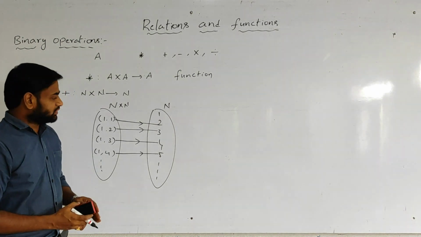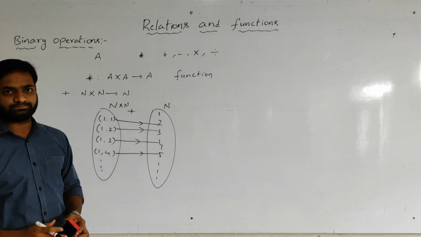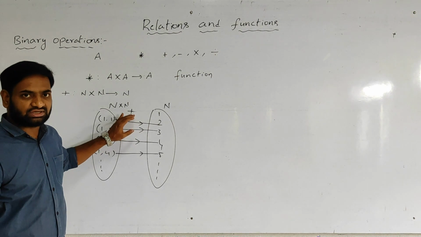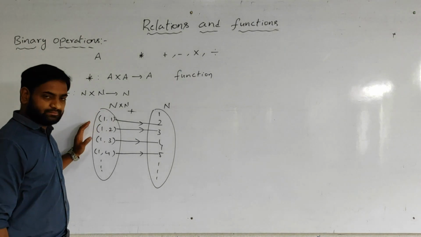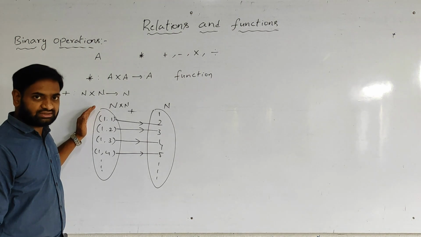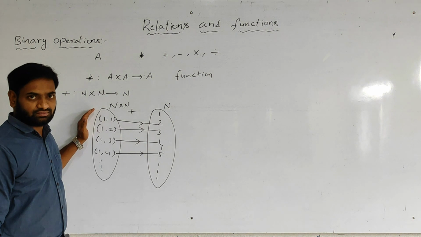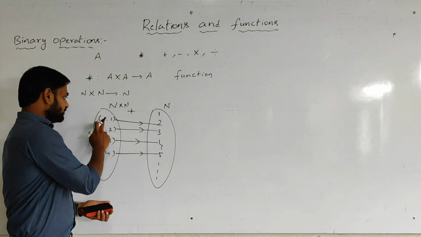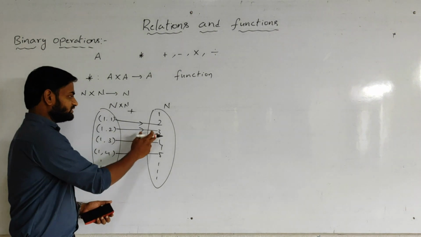If you observe here, is the addition a function or not? I'm taking some operation, that is addition. Now check whether this addition is a function or not. What does function mean actually? In the first set, every element should have only one image. Now see here, for (1,1), the image is only 2. Next, for (1,2), the image is only 3.